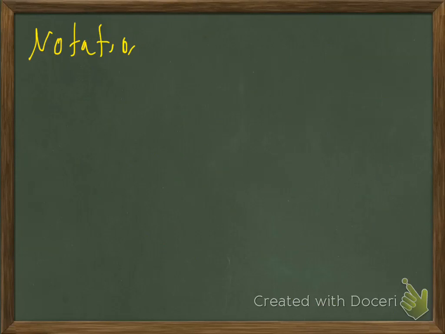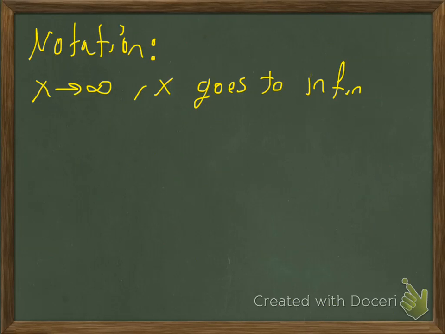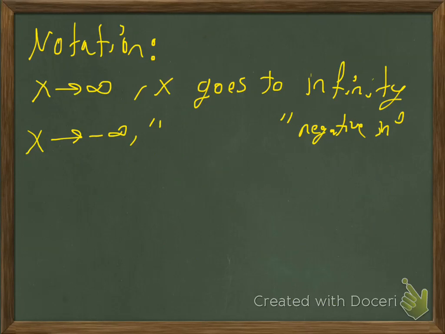All right, and then some notation. If we say x goes to infinity, that means we're going to the right. And then similarly, we have one for x goes to negative infinity. That means we're going to the left. And then stuff is going to happen with the y's.